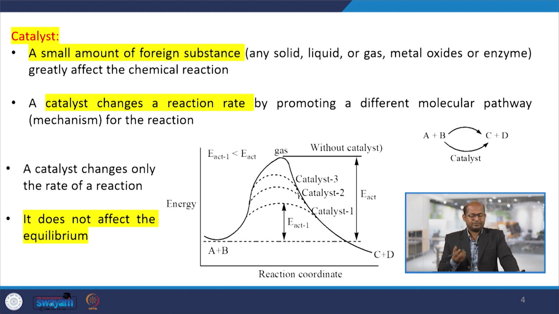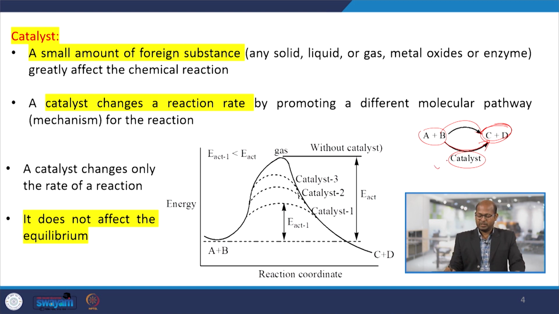A catalyst is a substance used for a particular reaction in a very small quantity. If we do not use any catalyst, the reaction may follow one pathway, giving product at maybe very low conversion and low selectivity. If we use a very small quantity of a material, which may be a metal oxide or metal, the reaction follows a different pathway giving the same products, but the conversion, yield, and selectivity would be different.